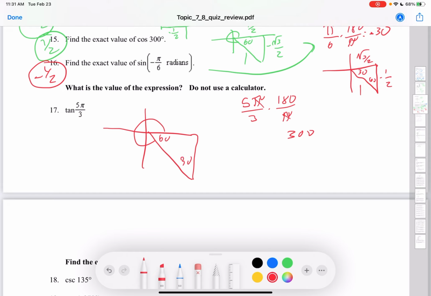So 30, so 1/2, negative square root of 3 over 2. Tangent is opposite over adjacent. So it'd be negative square root of 3 over 2 divided by 1/2. Dividing by 1/2 is the same thing as taking it times 2. The 2's cancel out, leaving you with the negative square root of 3.